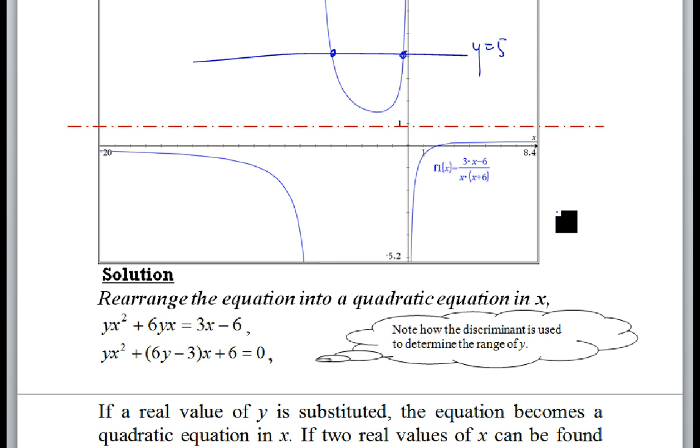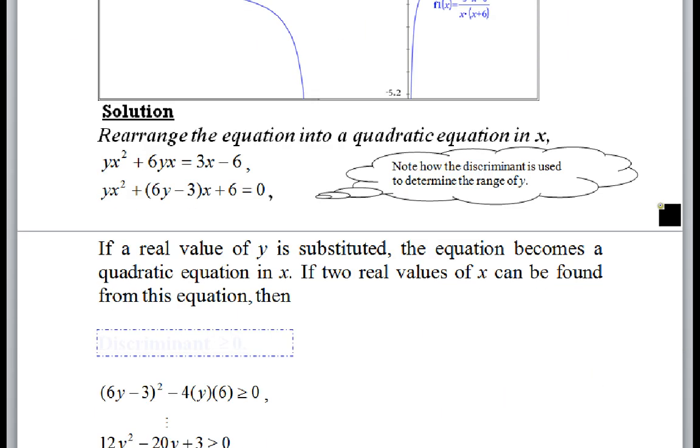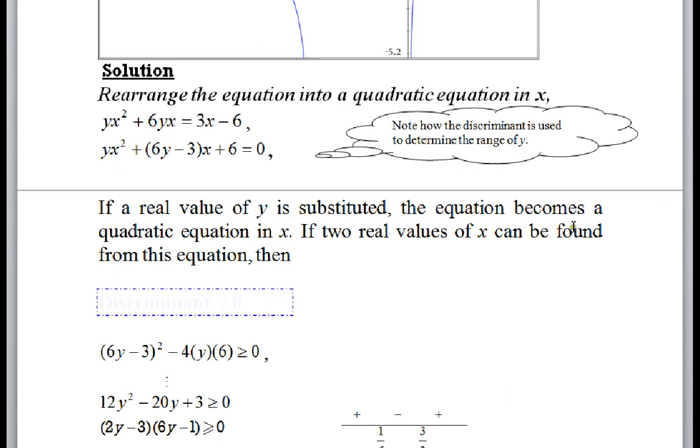I must be able to solve this thing, have real solutions in x. Am I right? How do I obtain real solutions in x? Real solutions of x, the discriminant must be greater or equal to 0. That's why I say you read 10 times on your own, you also cannot understand.